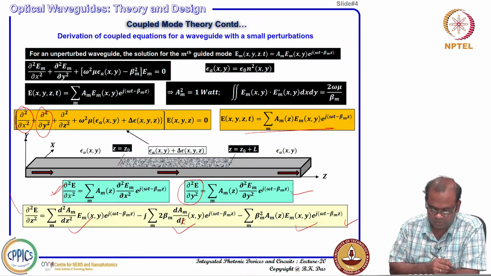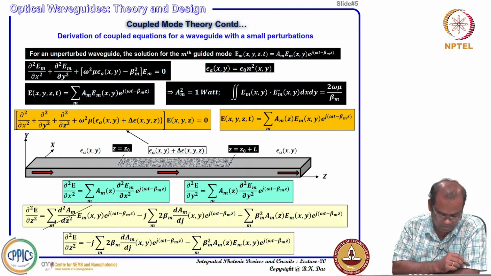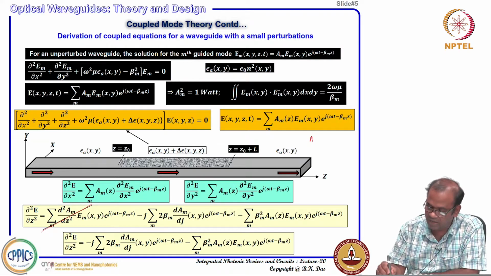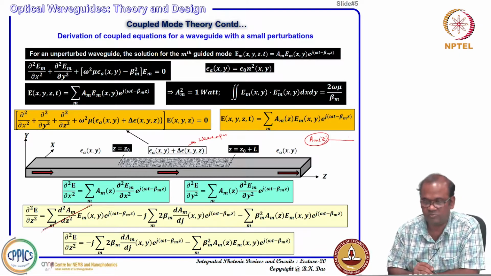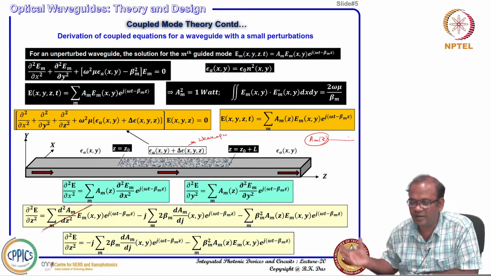Okay, so what is the next thing? Next thing is this one thing I have approximated. We have considered this A_m(z), since it is a weak perturbation, as a slowly varying function of z. It is not that the energy will suddenly be changing.